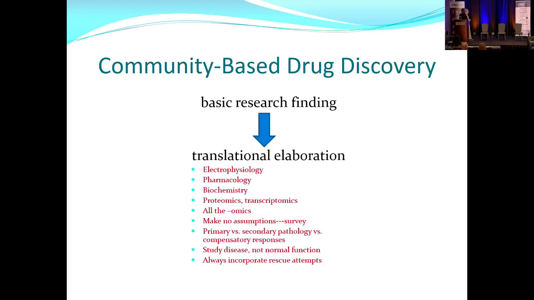When it comes time for translational elaboration, there are a number of techniques that have proven to be really valuable. Electrophysiology, often looking at cells or slices of brain, is a really powerful technique because you can combine it with pharmacology and biochemistry. Imagine if you've got a little piece of a brain in a dish. You can just put anything in there with it that you want. You can manipulate it any way you want.